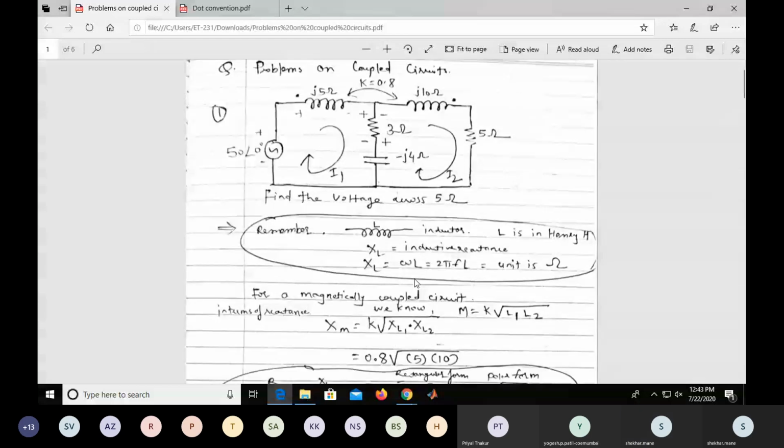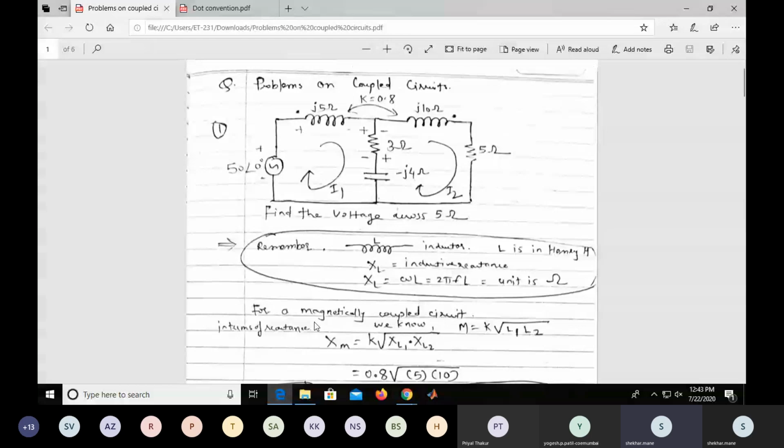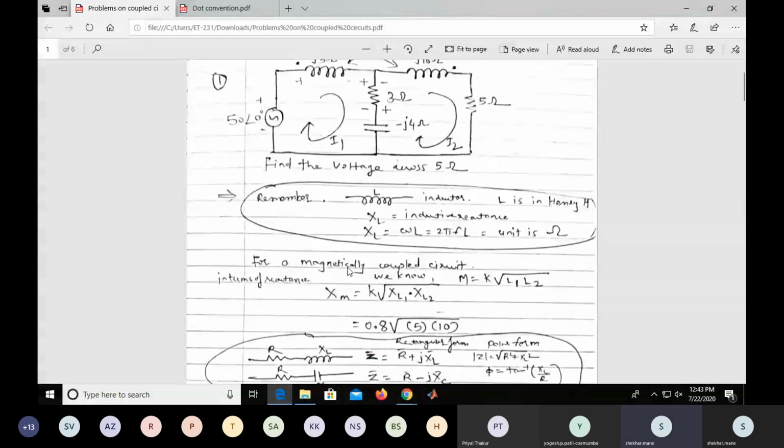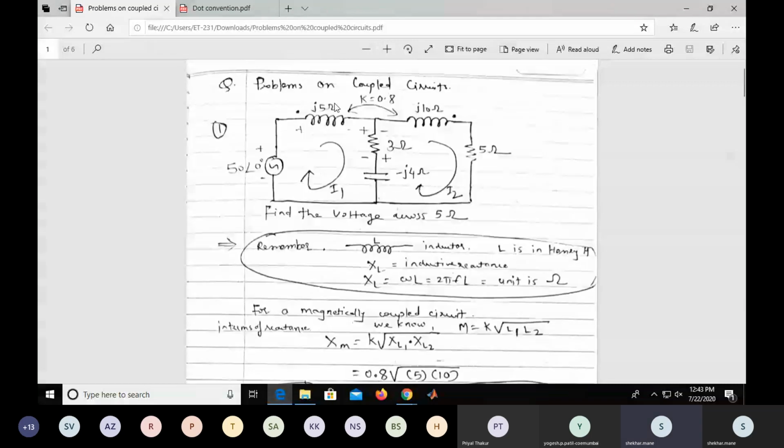Now let's start with our problem. For a magnetically coupled circuit, we know that M is equal to K upon root of L1 L2. Now here L1 L2 are in Henry, but here they are given in terms of reactances.